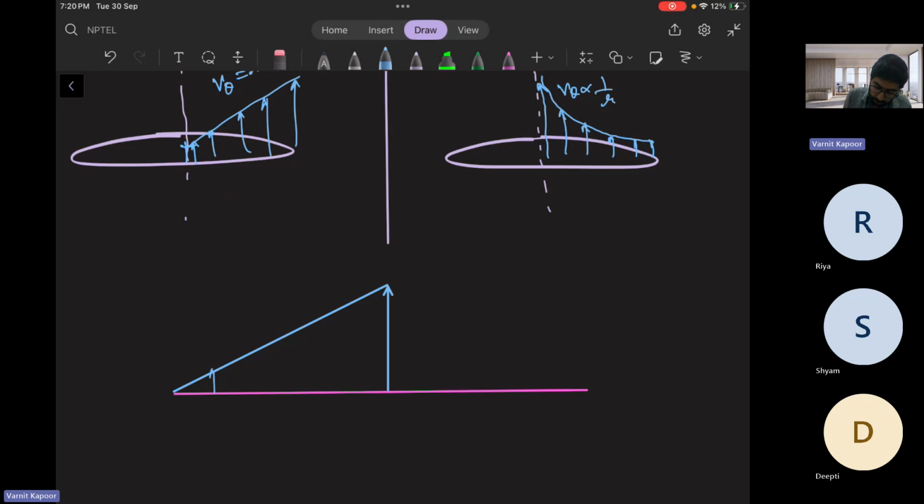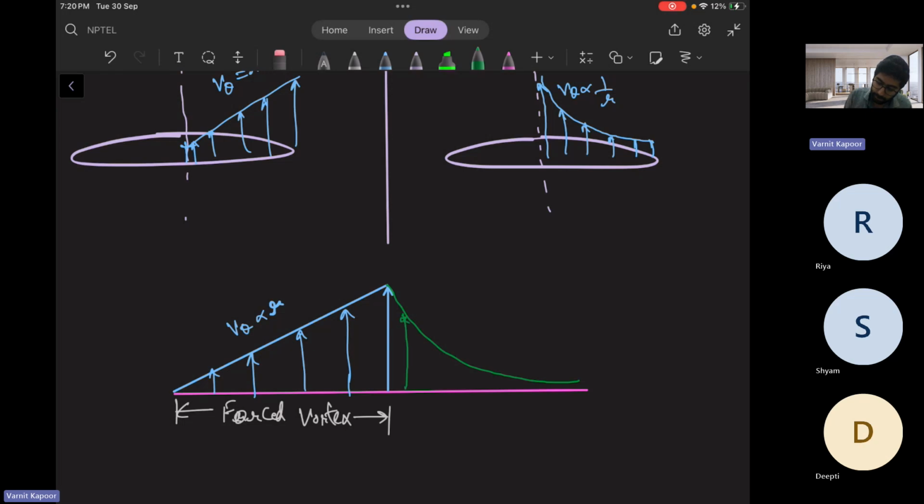So it is following that v theta is directly proportional to r. Oh sorry, v theta is directly proportional to r. So this scenario is of forced vortex. This scenario is still forced vortex, whereas for free vortex, it is going like this.